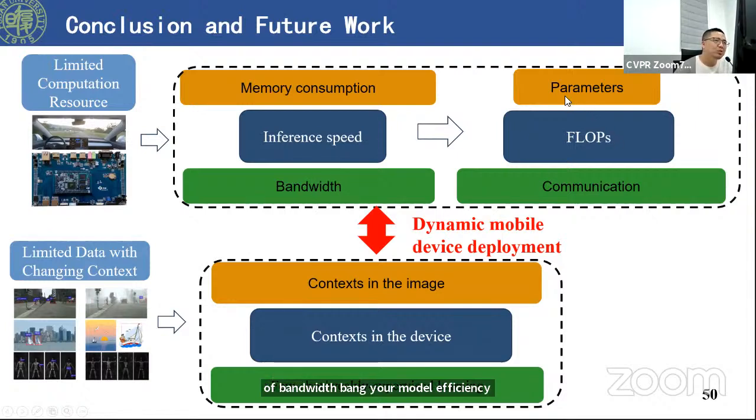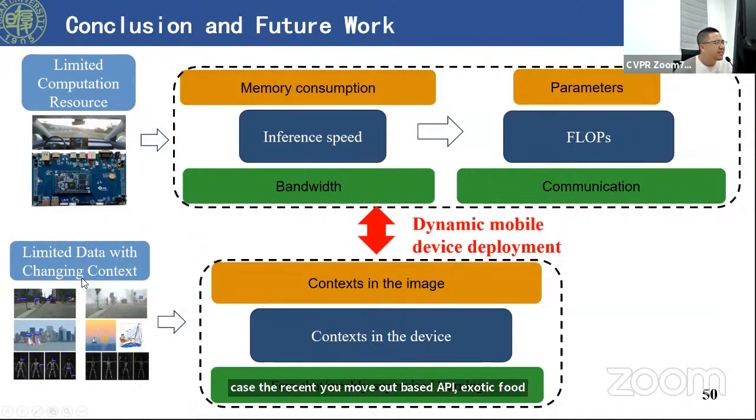So we need to design a model with fewer parameters, with fewer FLOPs, and your model structure will also consider how to communicate between the processor and the cache or memory. So the communication scheme between the data is also another consideration in mobile-based AI model design.